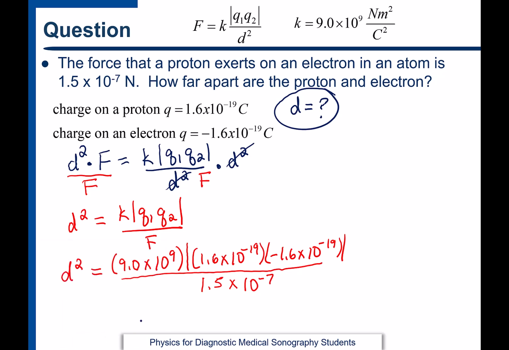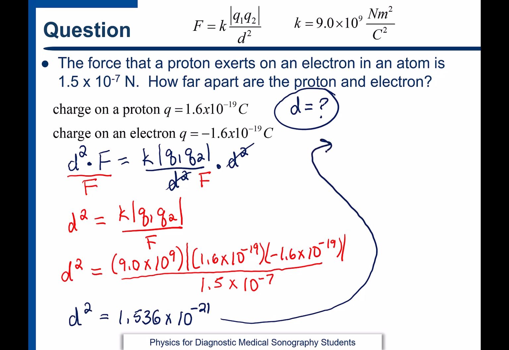So definitely you want to practice this kind of calculation on your calculator to make sure that you can do it successfully. What I ended up with is that d squared is equal to 1.536 times 10 to the negative 21. Well, we're not quite at the end yet because we want to take the square root of that.